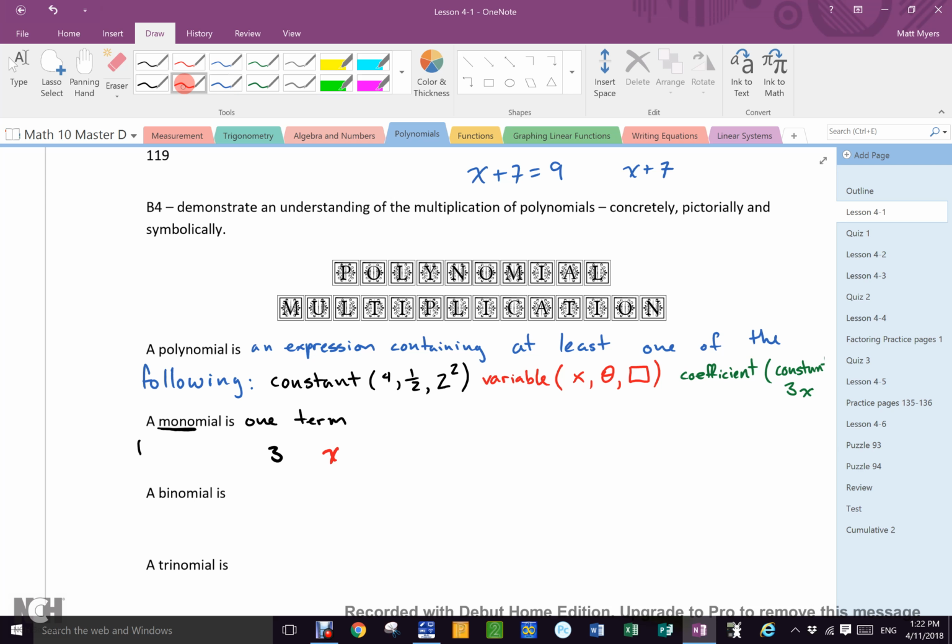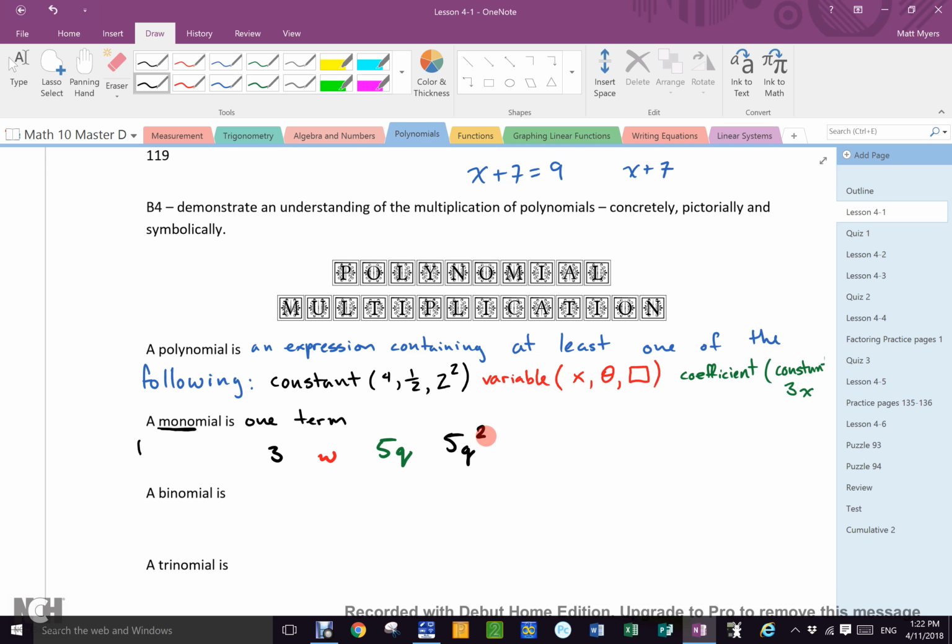W. Sounds good. It could be W. It could be 5Q. Any combination. It could even be 5Q squared. Is everybody with me?